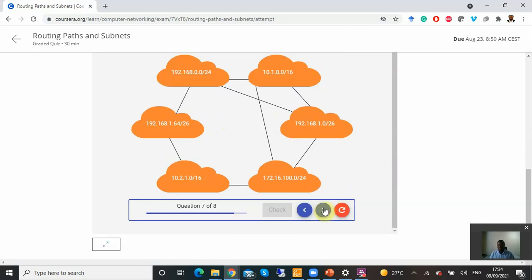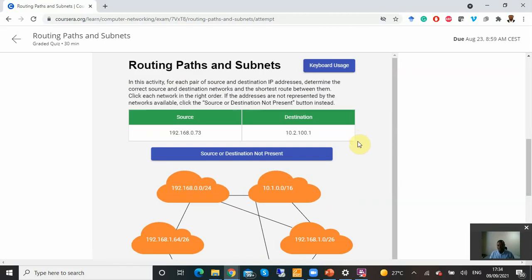6 out of 7. Question number 8. We're moving from a class C IPv4 address to a class A IPv4 address. 192.168.0, network ID. 192.168.0, network ID. They correspond.